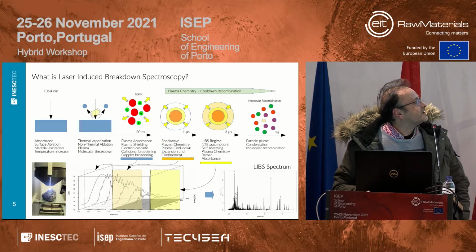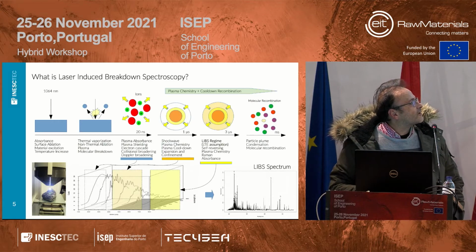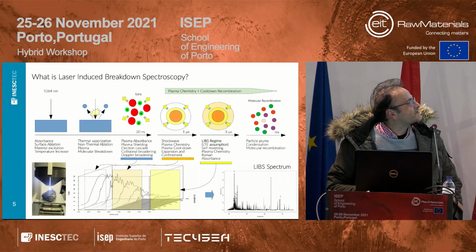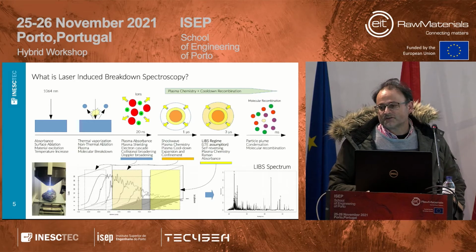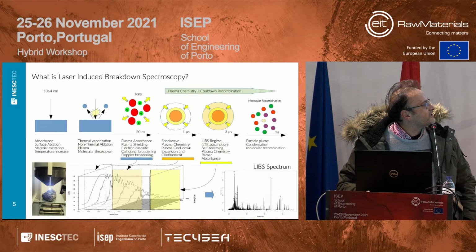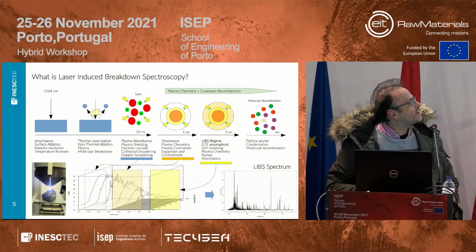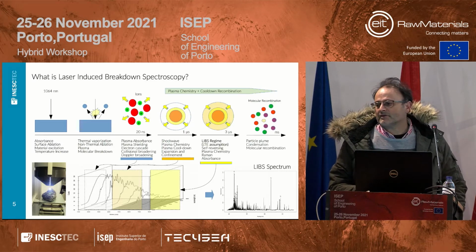For example, if the plasma becomes very dense, plasma shielding occurs, and LIBS is not quite as effective. Then, as the laser keeps coming, you continue with an electron cascade, which increases the temperature of the plasma. During this phase you don't see very evident lines, and the lines are very broad because of Doppler broadening and collisional broadening.